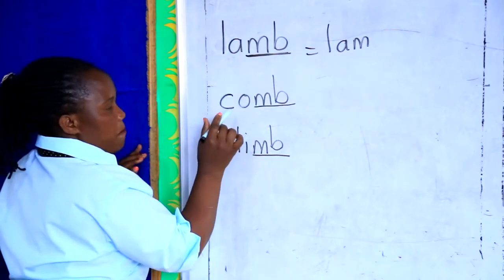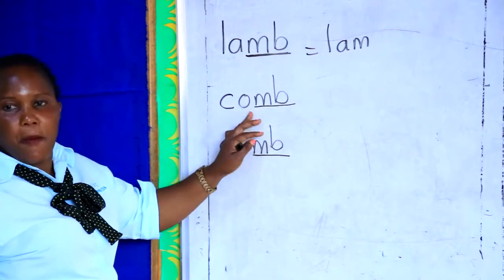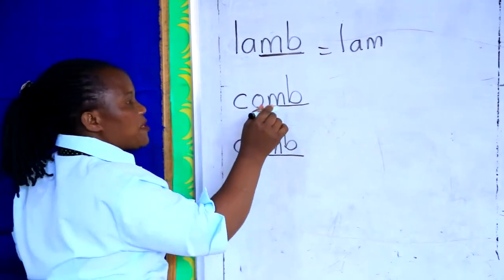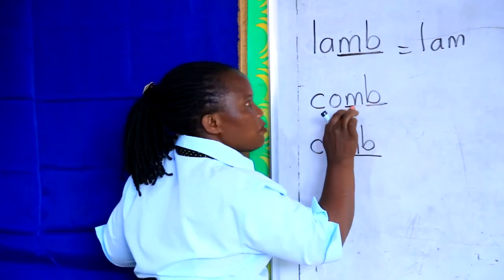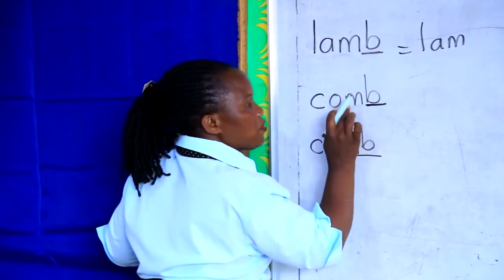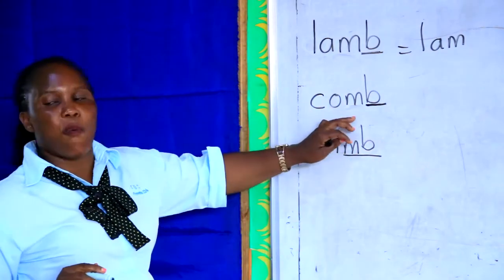Very many people say comb with the B sounded, but the word is not supposed to be pronounced that way. You don't pronounce the B sound. Everybody say comb.